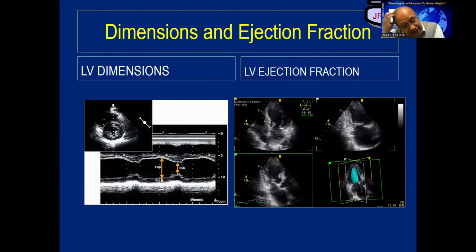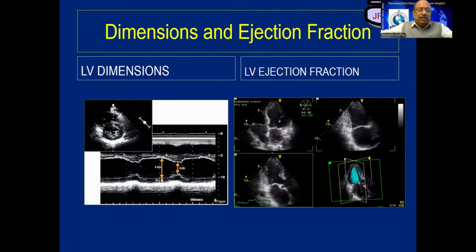Normally, what will happen to ejection fraction? As the MR increases, if the LV starts getting dilated, my ejection fraction has to be supernormal. It's not like we are talking of 50 to 60. It should be 70%. And that is one reason why, when the ejection fraction falls below 55%, it is not that it has merely gone below 55%.